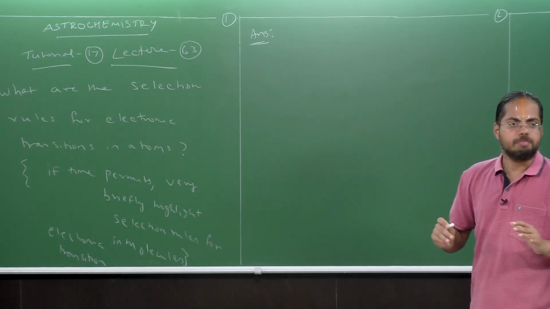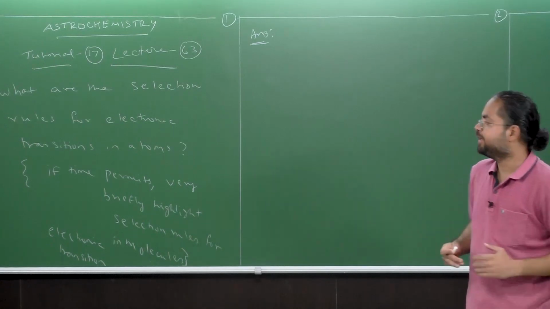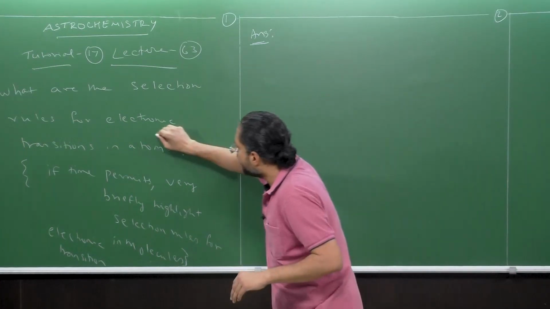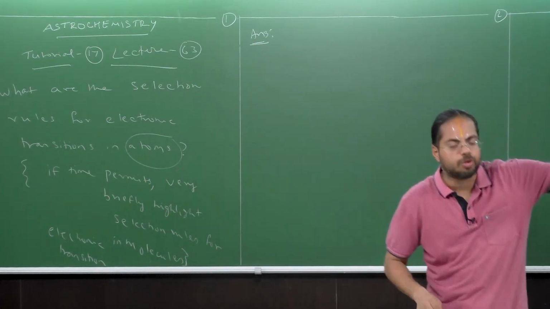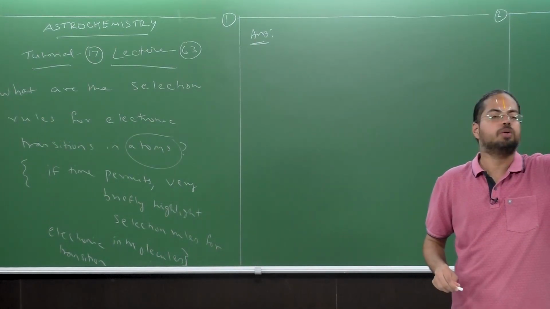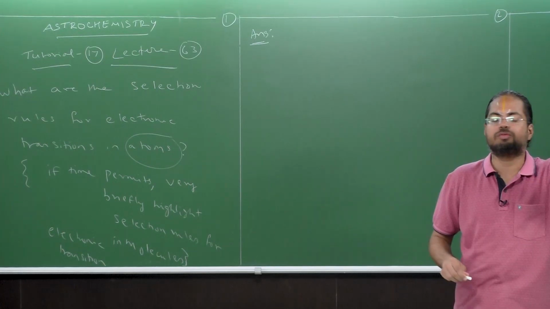I will tell you that these quantum numbers are going to be the same quantum numbers that you started off with whenever you started studying electronic configurations in atoms, probably in your 11th or 12th standard, and perhaps even in college.